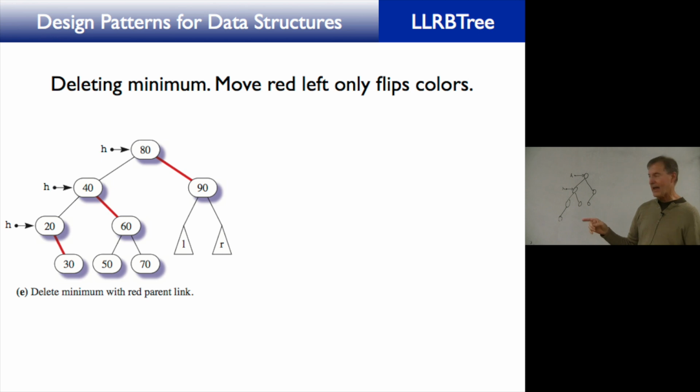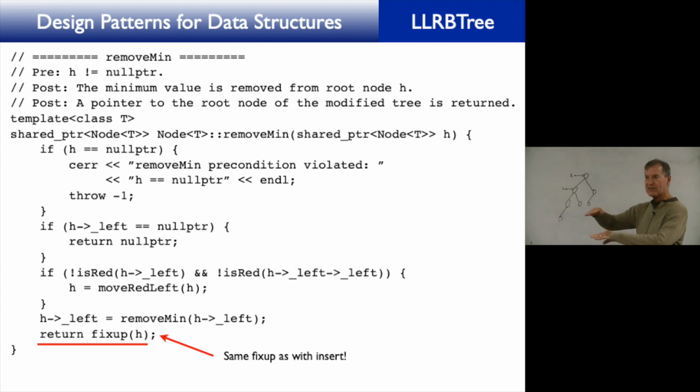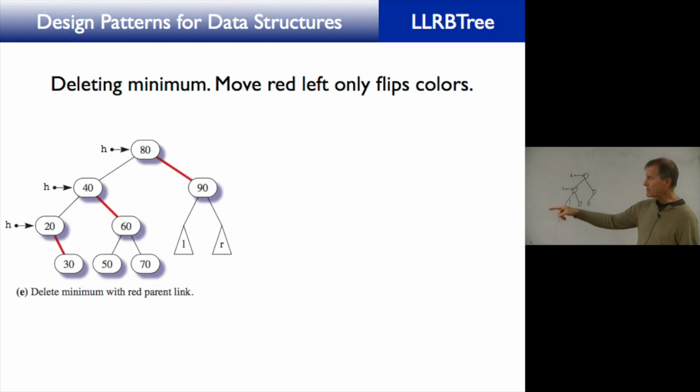And now what happens? The very last thing was what? Fix up. So it calls its fix up, and then when it returns to that, it will call its fix up. Now, do you remember how fix up worked? How are we going to fix up when the H is pointing at 20? Do you remember what it checked? A red what? A red right child. So what does it do there? It does a rotate left.